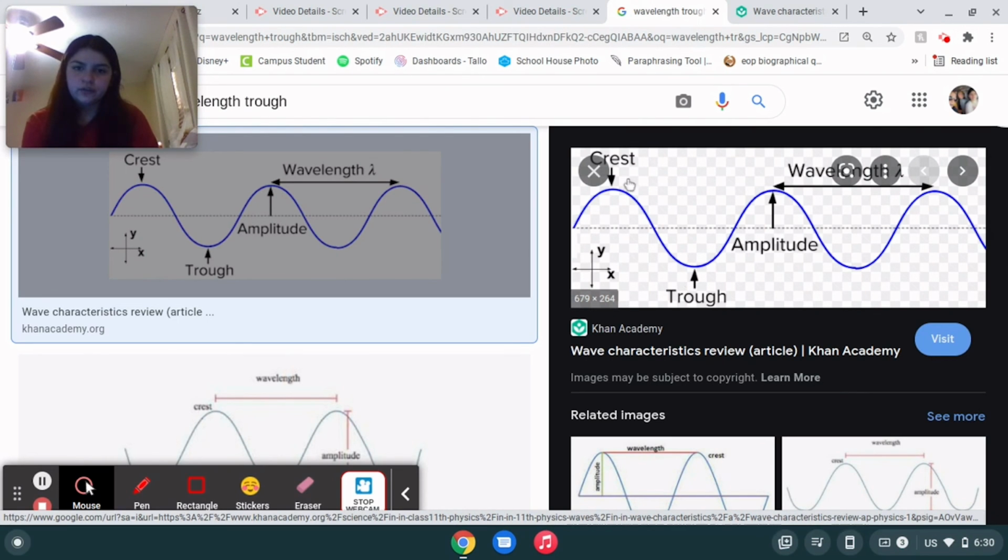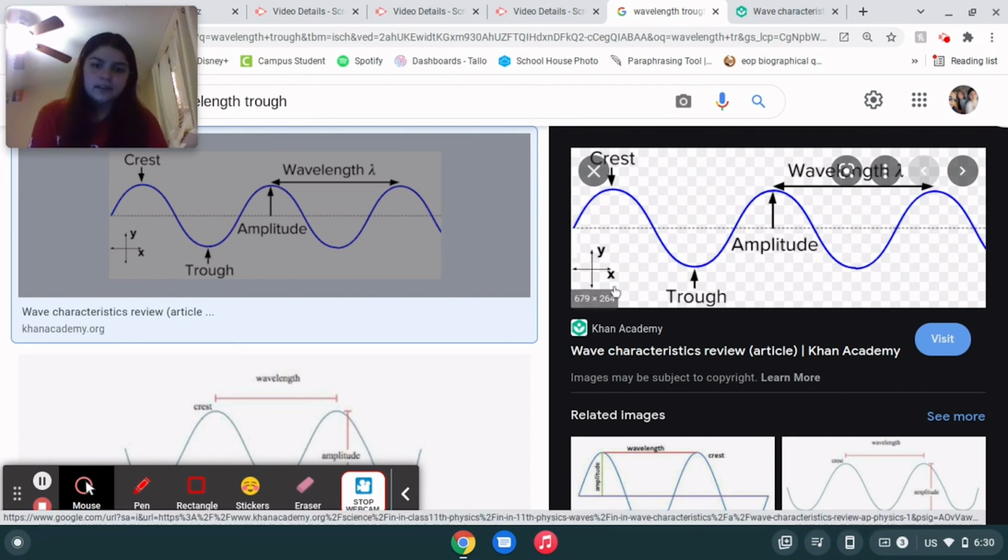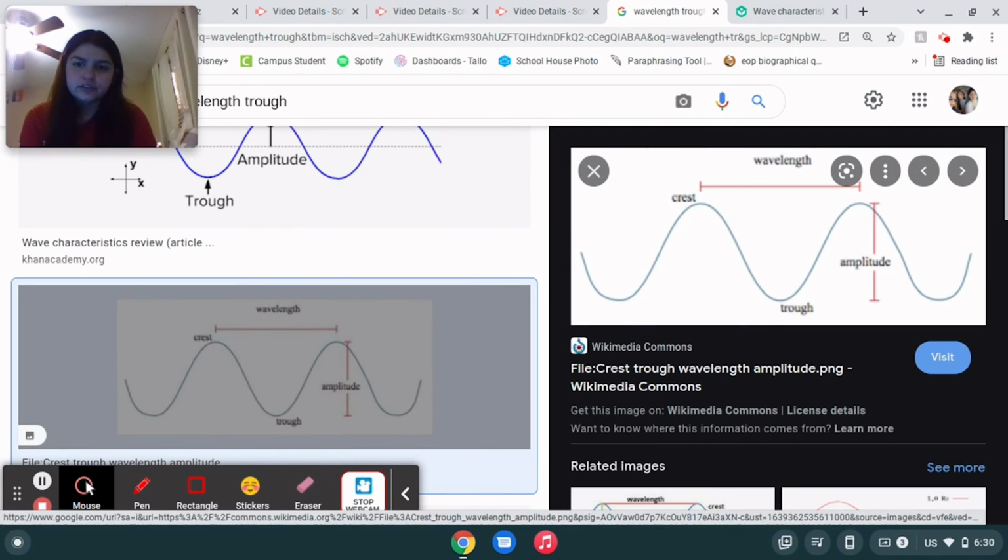You never do it from crest to trough or trough to crest. The still water level is the average water surface elevation. These are different pictures of the wavelength, and this is another example.